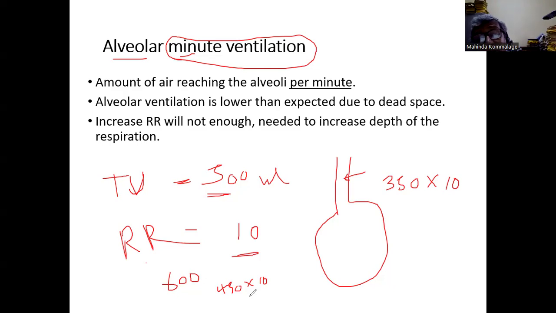we can do something else. Let's say we keep 500 milliliters and we increase respiratory rate to 15. Right? That is some other option. We keep 500 milliliter and respiratory rate, let's say 12. So now 350 is the volume that will go in, and we increase respiratory rate to 12.